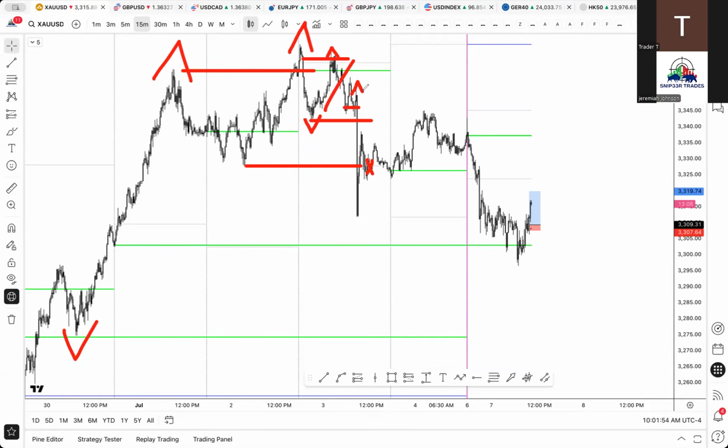I'm always looking at the most recent peak formations for that session. So if I'm trading Asia, I need to look at London and New York's peak formations. London gave me a peak formation high. New York gave me a peak formation low. There's my step one, my step two.